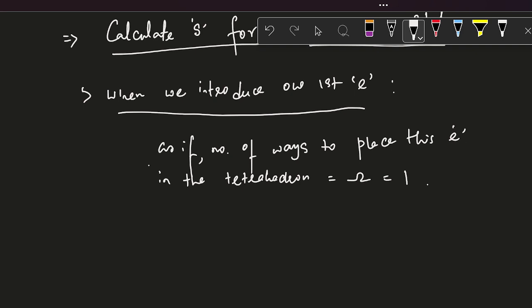This will only matter once a structure is being formed, but initially, when you just take one single charge, you can place it anywhere, because there is only one way to place it. Once you start putting in the other charges, the tetragonal structure actually forms, and each of the corners becomes significant on its own. So initially, when no structure has been formed yet, your number of ways is 1. In that case, your entropy is ln omega, which is ln 1, that is nothing but 0. So for the first step, your entropy is 0.